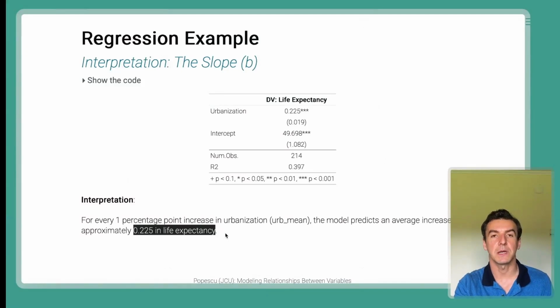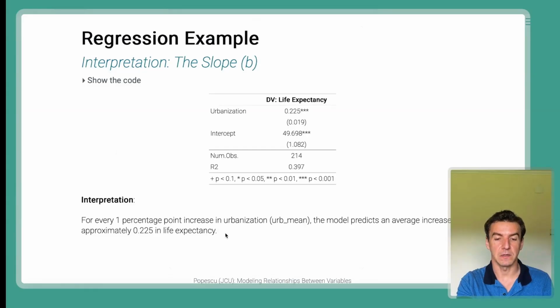So given that life expectancy is measured in years, you can say that a 1 percentage point increase in urbanization leads to 0.225 years of life expectancy.